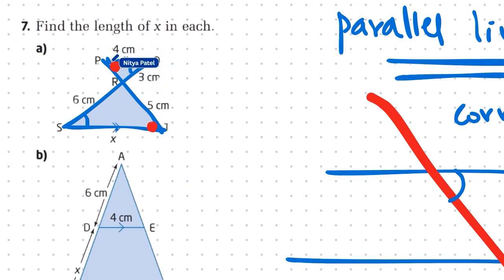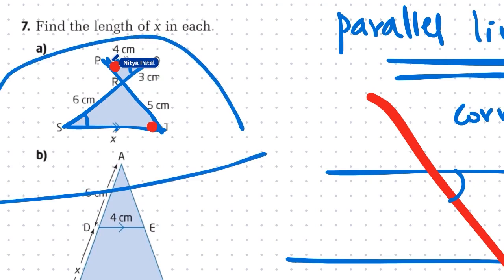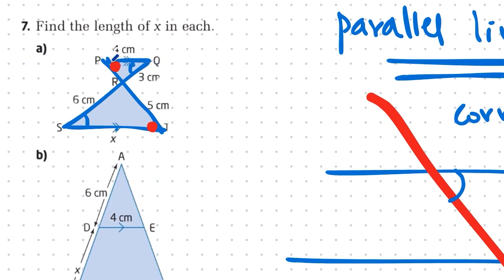So how many triangles are there in this question? 2. So the question is about whether they are similar or not. Are they similar? We don't know yet. How do we compare if they are similar or not?